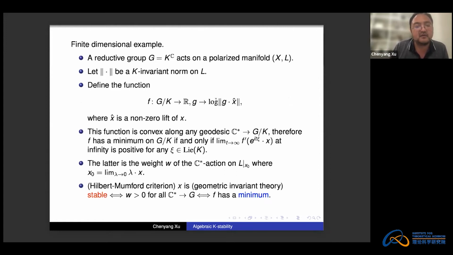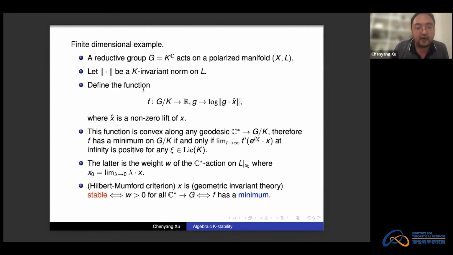So the setting is we have a reductive group G, which is a complexification of some compact group K. So K here is a compact real Lie group, and this G acts on a polarized manifold X, L, with a linearization L given by some ample line bundle, and we can always find the K-invariant norm on L because K is compact.